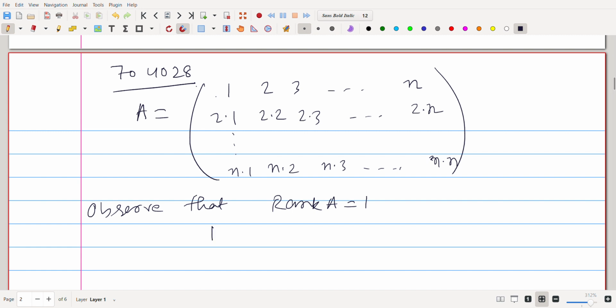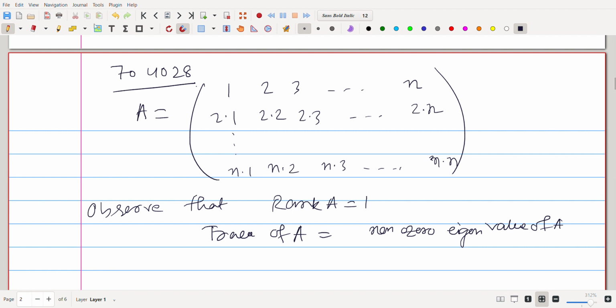That means the trace of A equals the non-zero eigenvalue of A. Since the rank of A is 1, it has at least n minus 1 zero eigenvalues. So the only remaining eigenvalue may be 0 or non-zero.